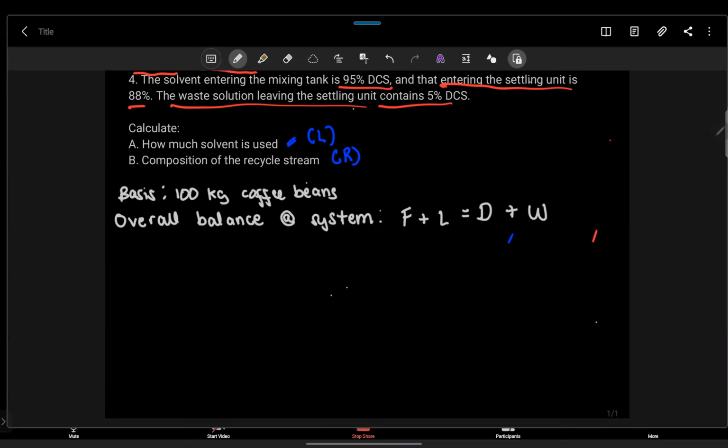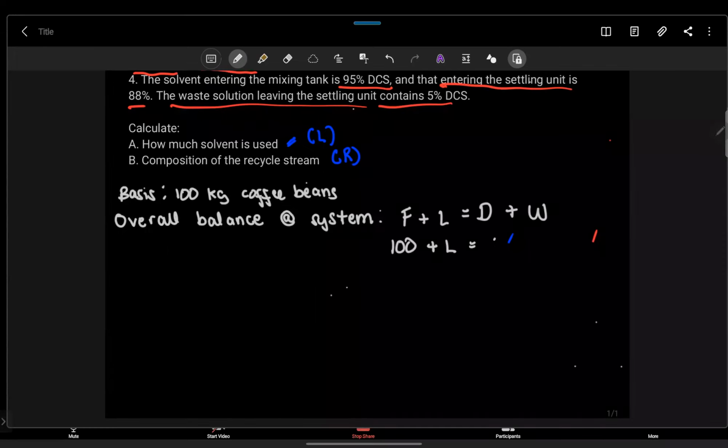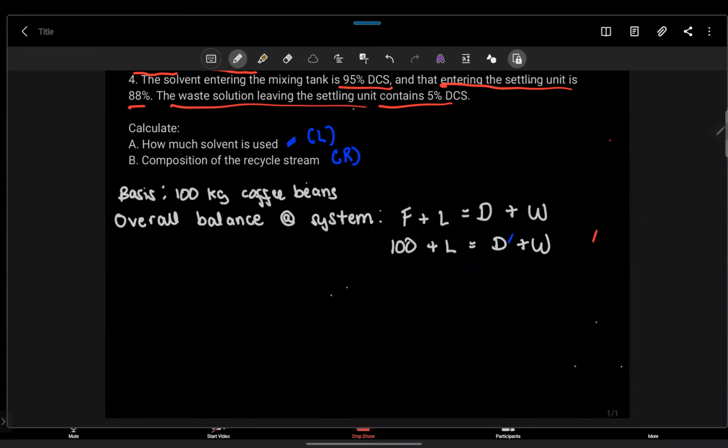Okay? Now, we know that F is equal to 100 kilogram. So 100 plus L equals D plus W. Okay? So at this point, meron tayong tatlong unknown agad.